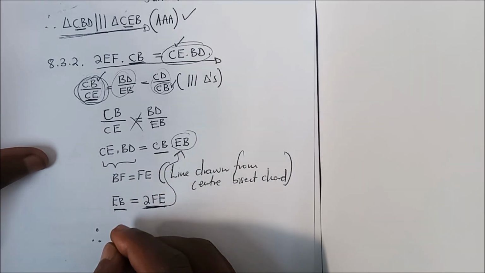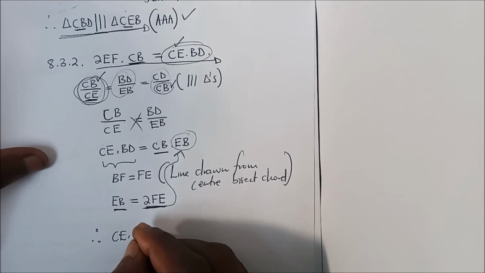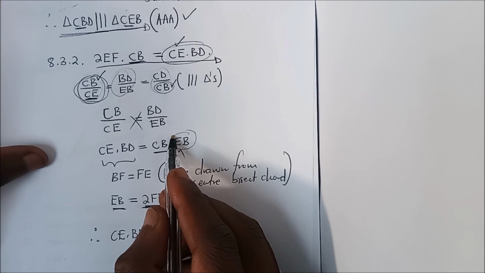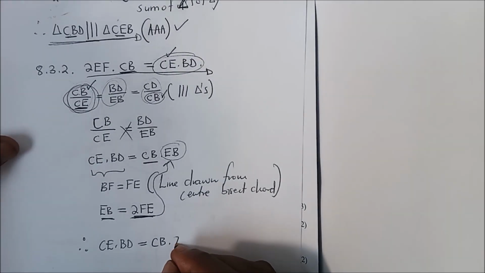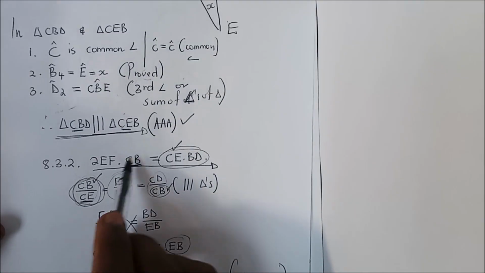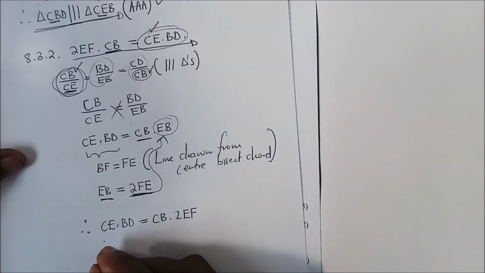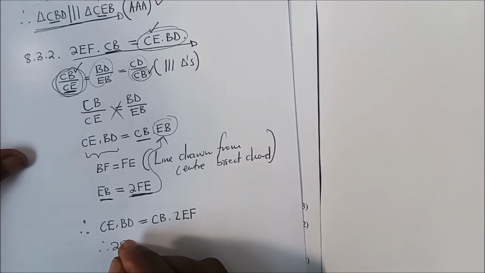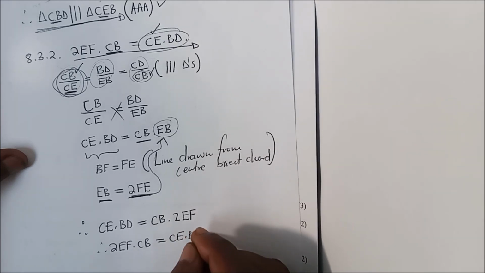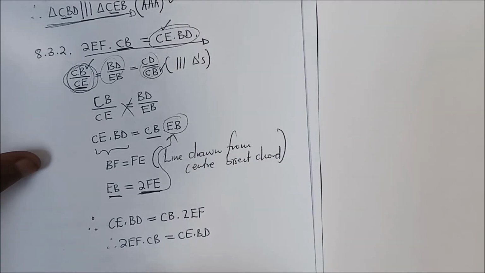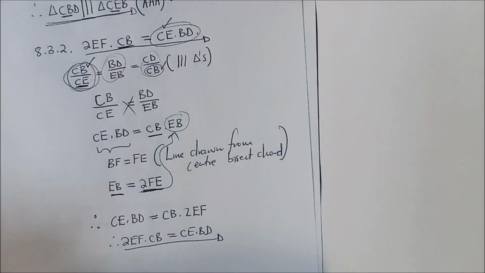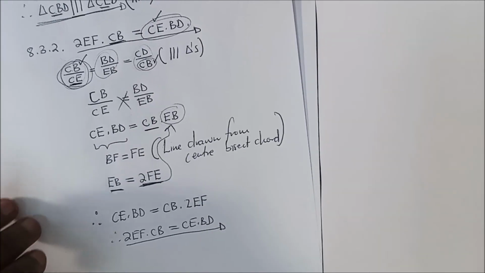Therefore, you have CE dot BD is equal to CB dot, we are removing EB because EB is twice EF, so that will be twice EF. And then you can just rearrange to get the exact thing on the equation. So we have 2EF dot CB equal CE dot BD. So that's how you get your proof. So we have proved that 2EF dot CB equals CE dot BD.